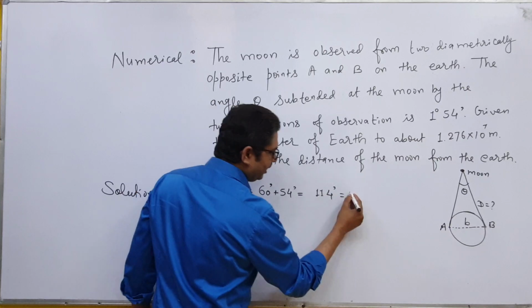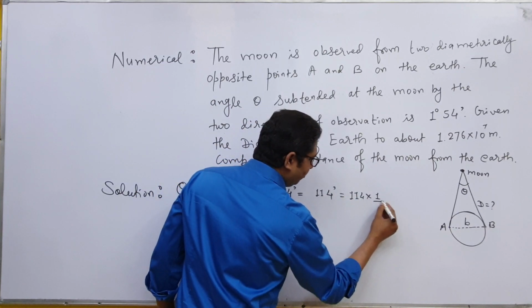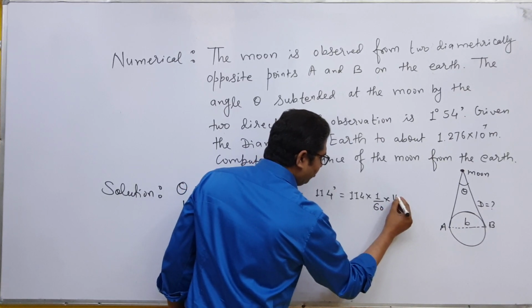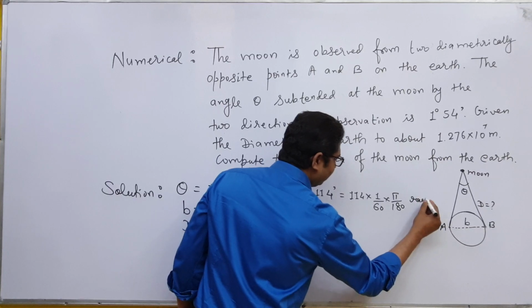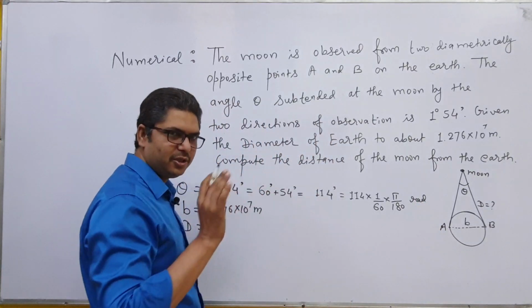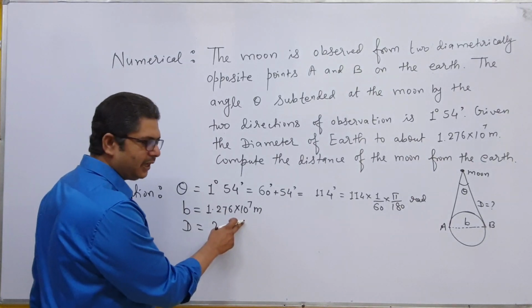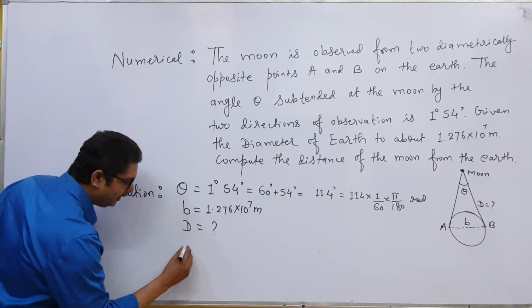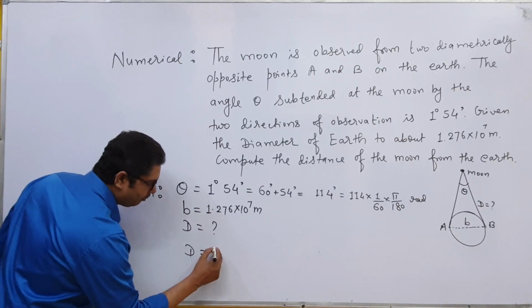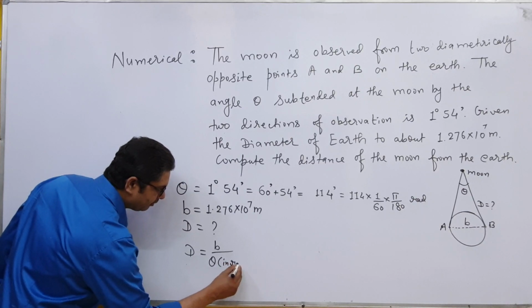So you can write here 114 into 1 by 60 into pi by 180 radian. This is the conversion as I explained just now. And here B is in meter, it is in SI unit. Now what is the formula? The formula is D is equal to B upon theta in radian.